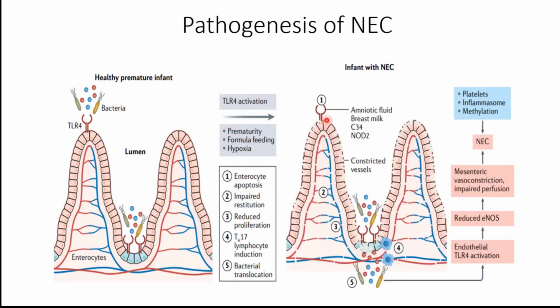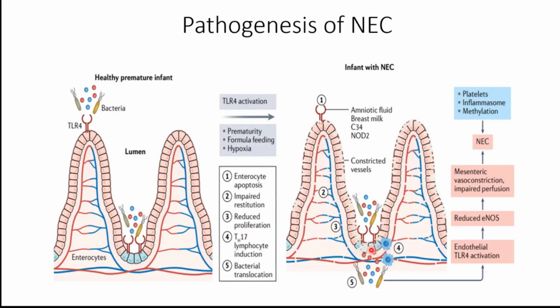And this leads to increased enterocyte apoptosis and necrosis, along with impaired restitution of mucus and reduced proliferation of enterocytes. Also, TLR4 signaling induces the accumulation of pro-inflammatory lymphocytes, which contribute to the barrier injury through interleukin-17 release.